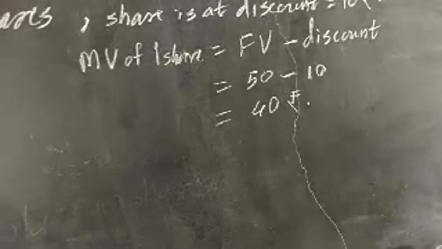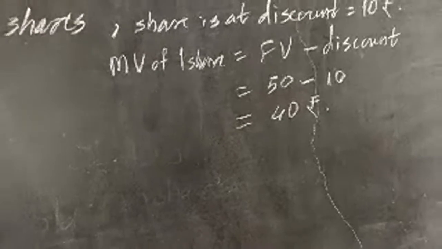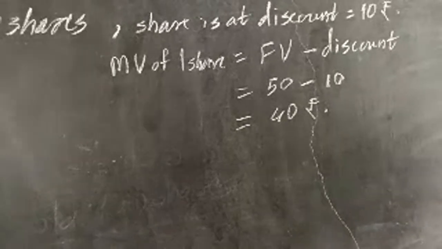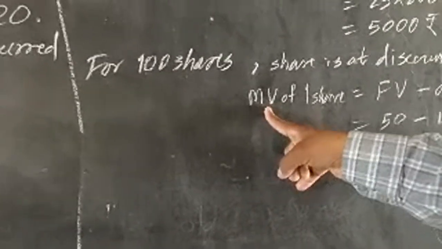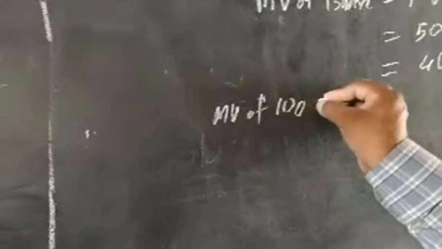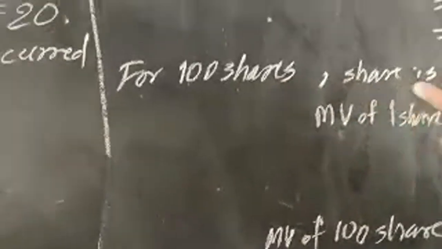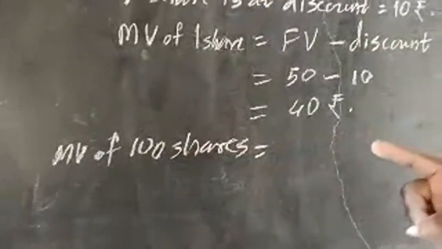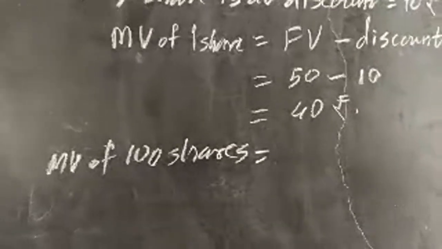After that, the amount of selling price means market value of 100 shares. Then market value of 100 shares is equal to, what is the formula?